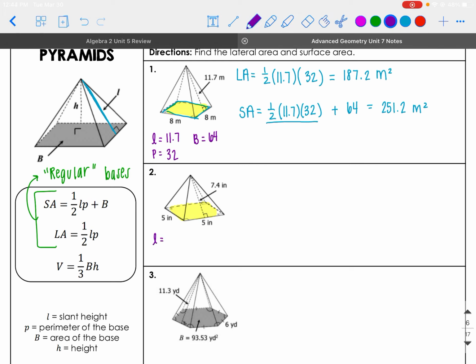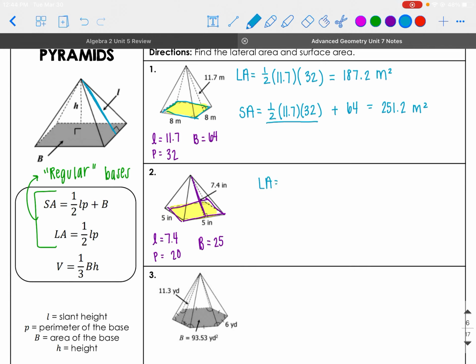My slant height is 7.4. The perimeter would be 20, and the area of the base is 25.